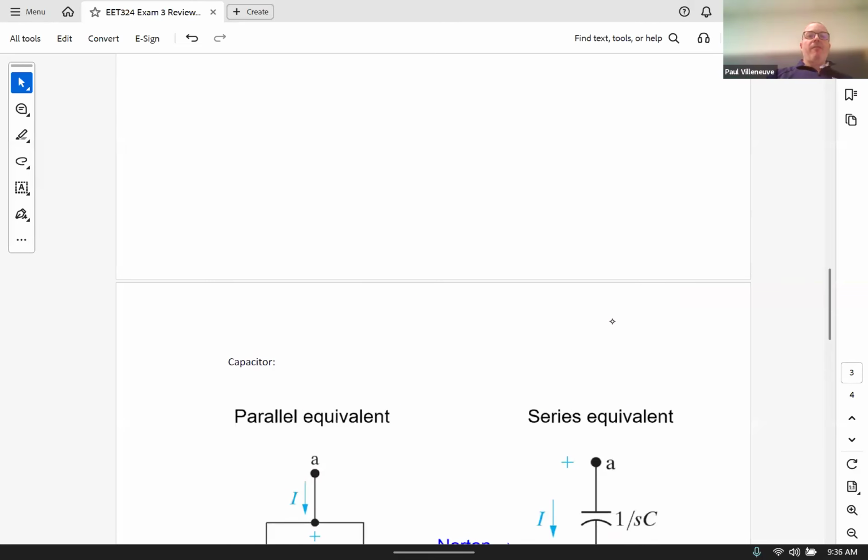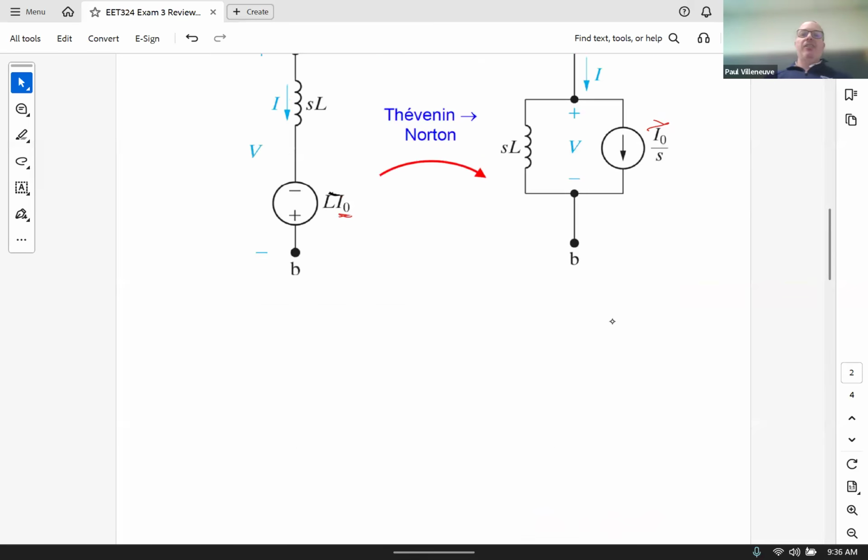If you remember from AC circuit analysis, if I plug in S equals j omega for an AC signal, because an AC signal just has a j omega term, there's no DC offset, then that becomes j omega L. Isn't that equal to the reactance term that you've learned in AC circuits? Shouldn't it be?